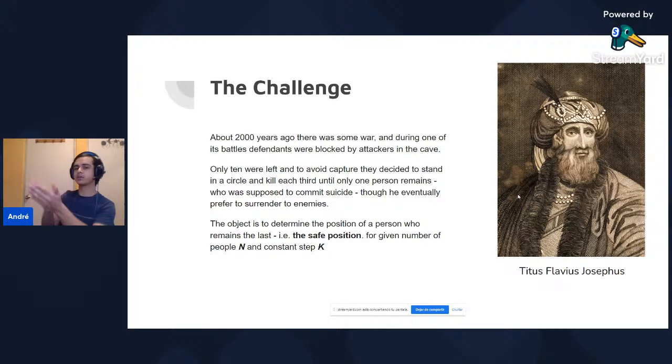Then the next person to the right would be at position 2, and the next person to the right, position 3. That would be our step k. So that position would be eliminated. That person in this example would be killed. And then we continue to the next position 4, next position 5, and position 6 is eliminated, and so on and so on.